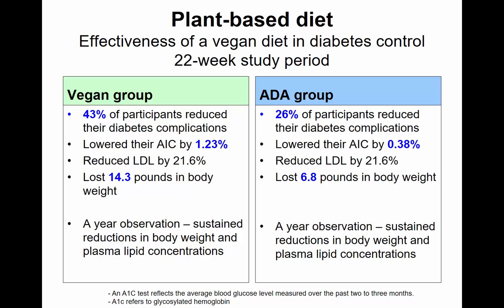But they have similar percentages in terms of reduction of LDL. In the vegan group, though, people actually lost more weight, about 14 pounds, but only 6.8 pounds in body weight in the ADA group.